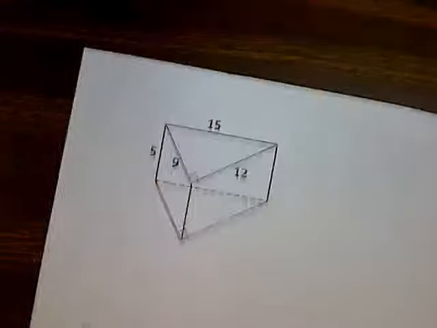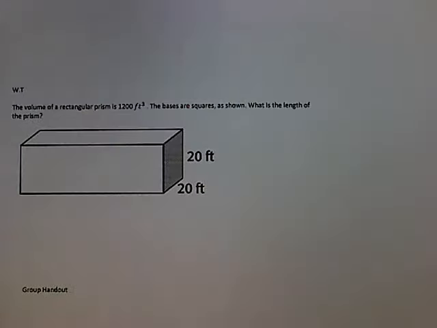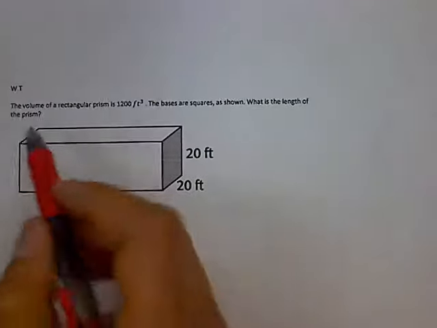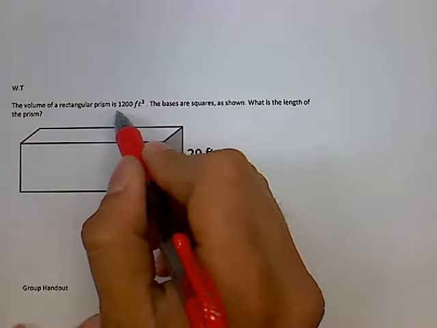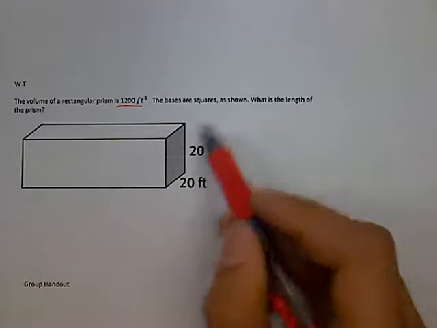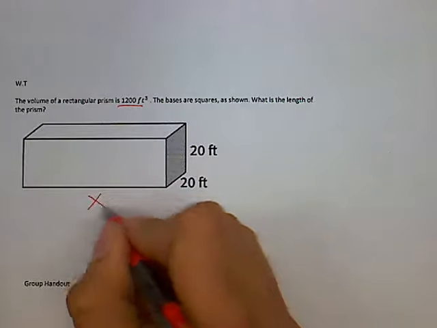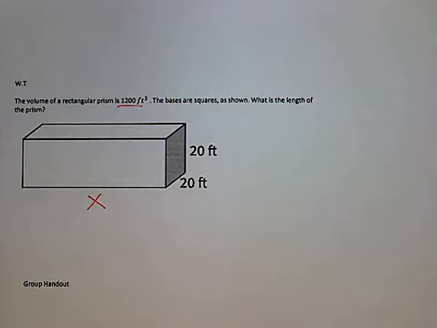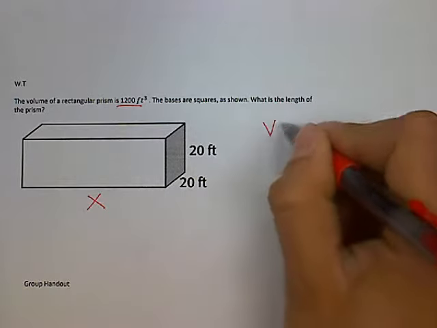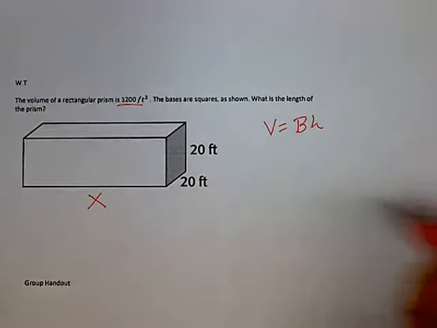So let's look at this one here. This one says the volume of a rectangular prism is 1200 cubic feet. The bases are squares, as shown. What is the length of the prism? What I like to do is first write down the formula, area of the base times height, and then substitute everything that I know.